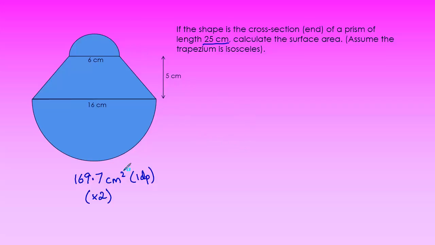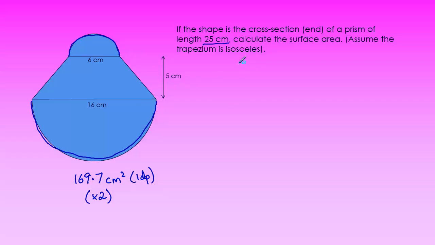And then all we need to do is add it to these 2 ends. So, what we've got here is a semicircle, so we want half of the perimeter of this semicircle, and then we need these 2 lengths.